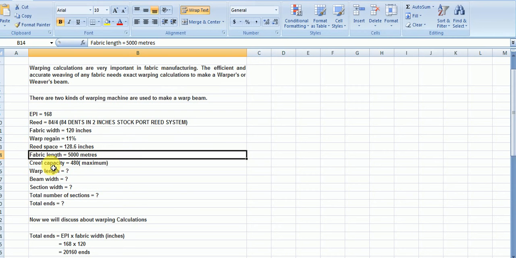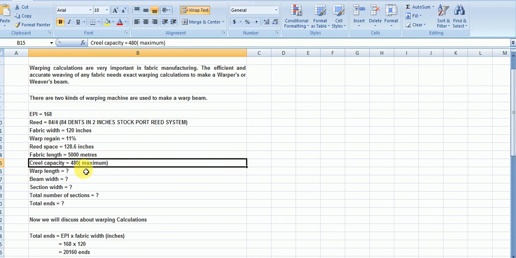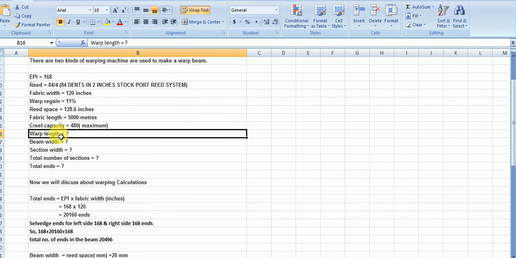The warp length will be more than the fabric length, because shrinkage and regain occur when we are weaving, so we have to take more warp length. Here the sectional warping creel capacity is a maximum of 480 cones that we can mount on the warping machine. So we have to find out all these things.